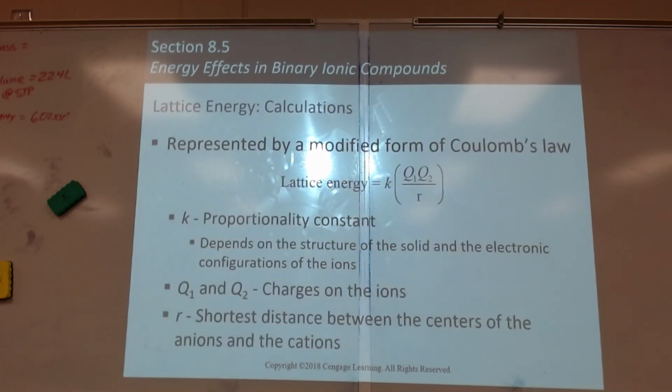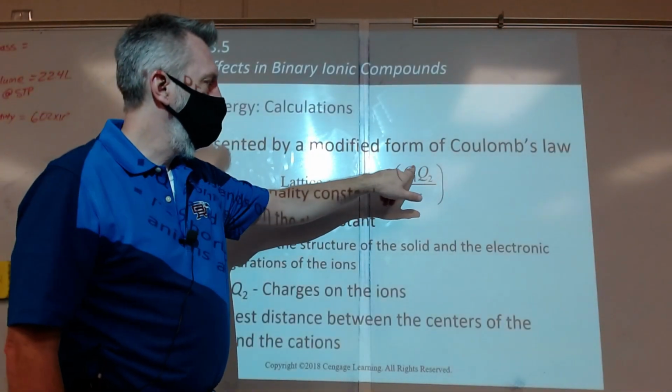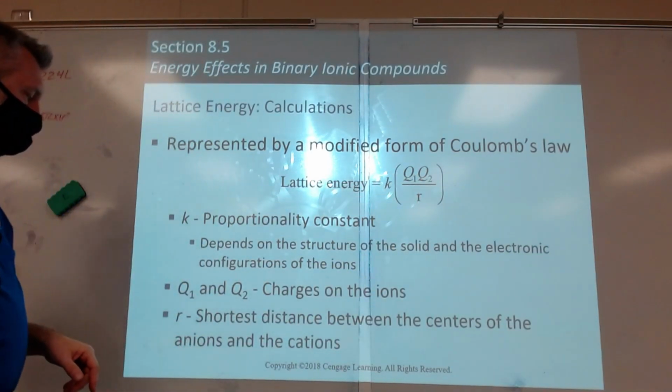All right, so here's our calculations. Does this formula look somewhat familiar? Gravity, or in chemistry we care more about Coulomb's law, right? So lattice energy is this lattice constant, charge, radius, right?